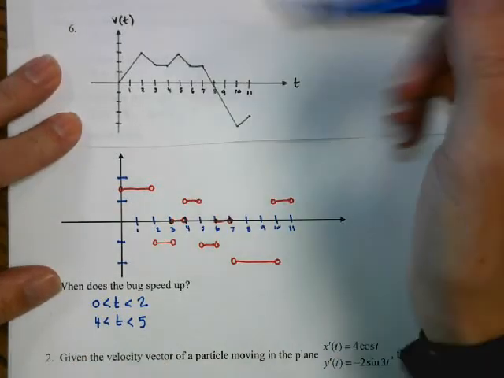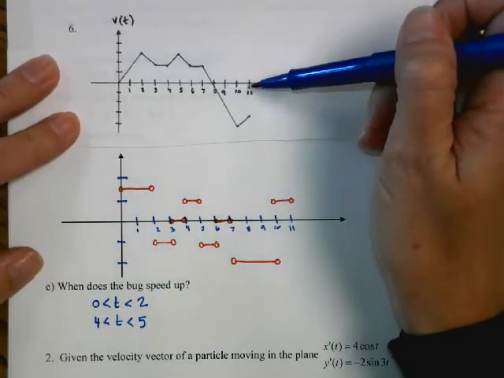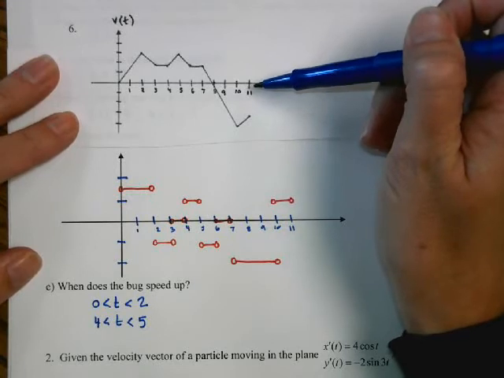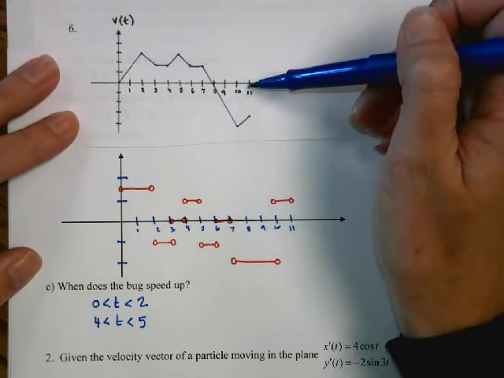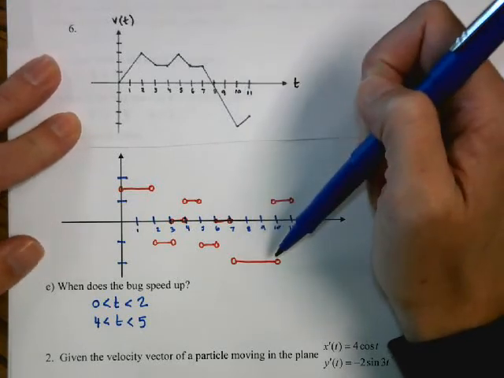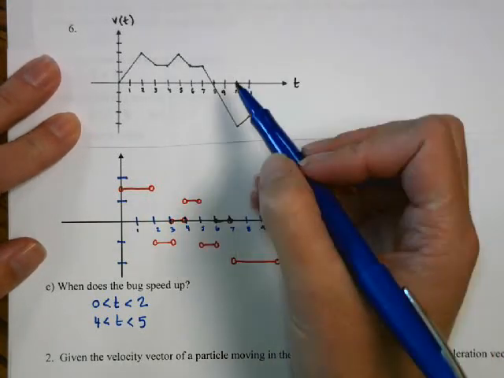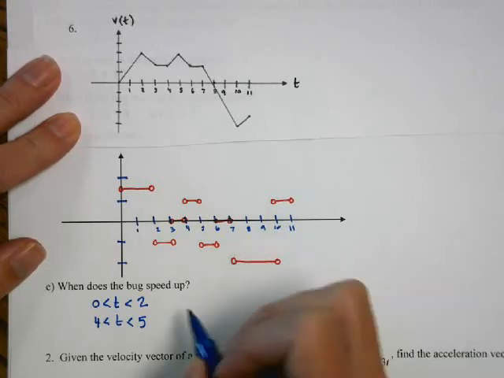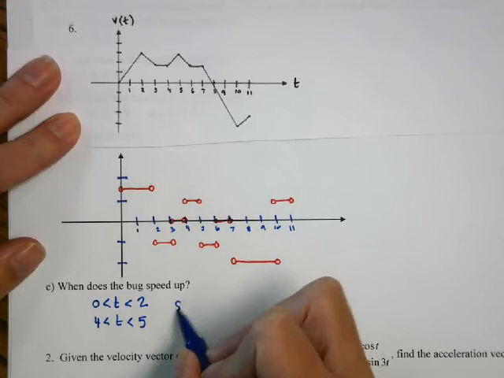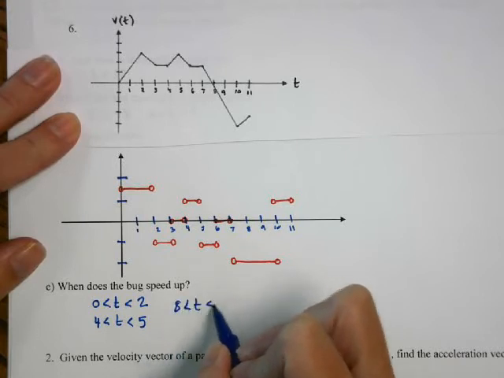Then from 8 to 11, my velocity is negative, so anywhere where my acceleration is also negative between 8 and 11, then we're speeding up. Here we're negative from 8 to 10. So that'll be our last area where it is speeding up.